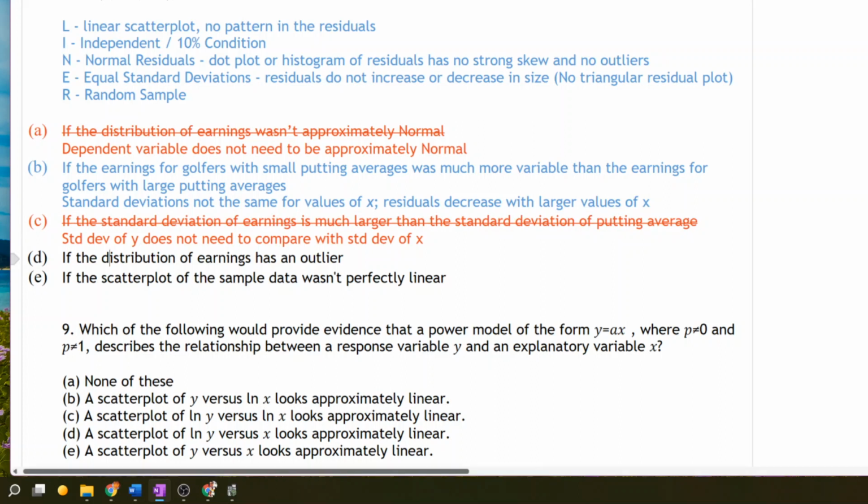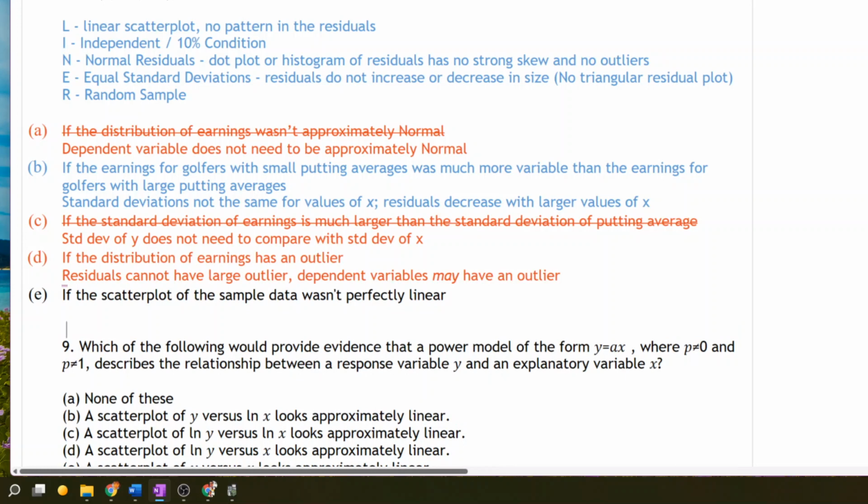Letter D: the distribution of earnings has an outlier. Well, as we can see for condition N, residuals can't have large outliers. However, the dependent variable, which in this case is the earnings, that could have an outlier, especially if we consider that by the nature of these linear regressions, the dependent variable may be increasing or decreasing.